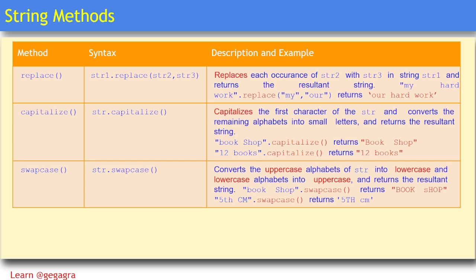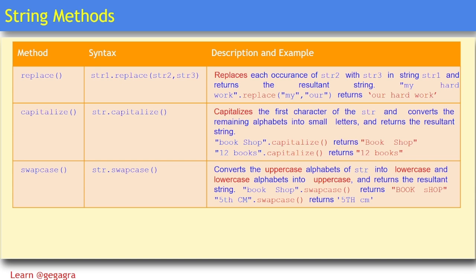Now swap case means the upper should be converted into lower and lower should be converted into upper. So this is called swap case. Suppose I have the string bookshop. Here book is in small letters and the character S of shop is in capital.